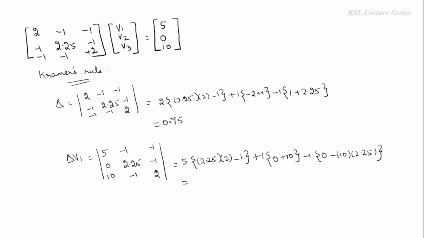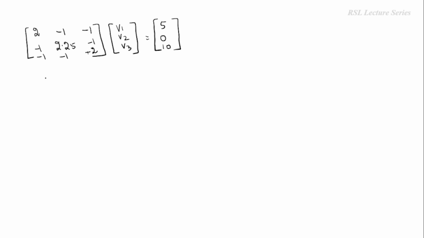On simplification, this value will be equal to 50. Now V1 is given by delta V1 divided by delta, which is 50 divided by 0.75. So this will be equal to 66.6 volts.